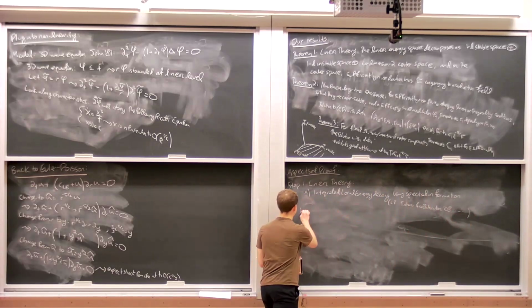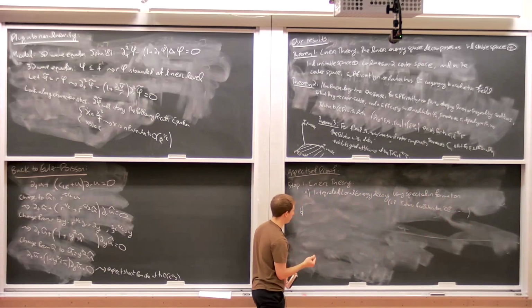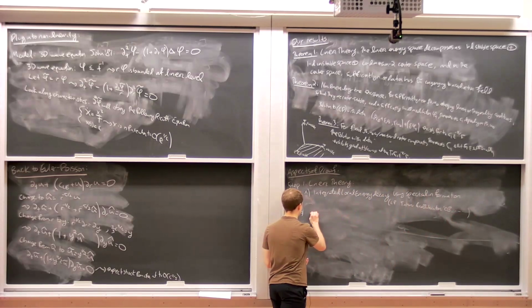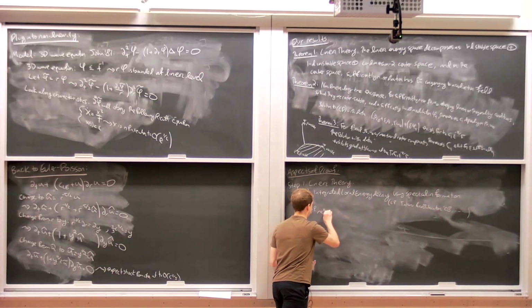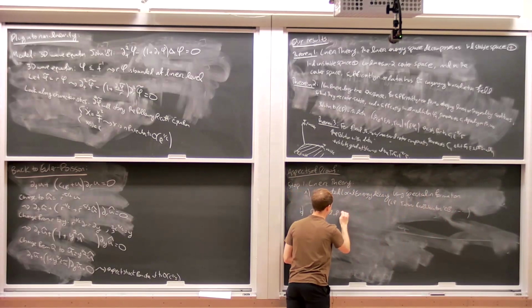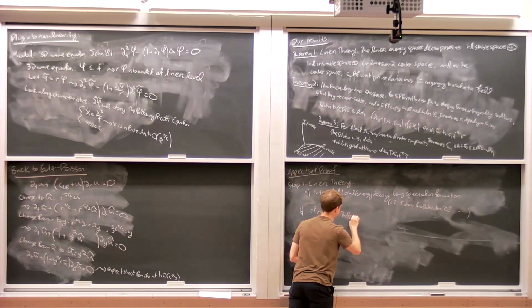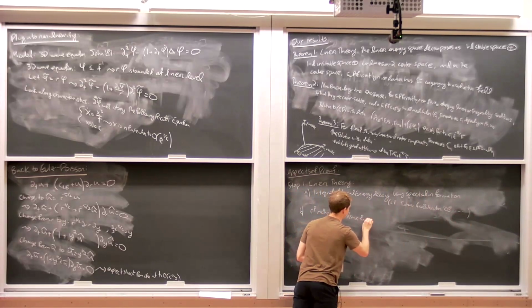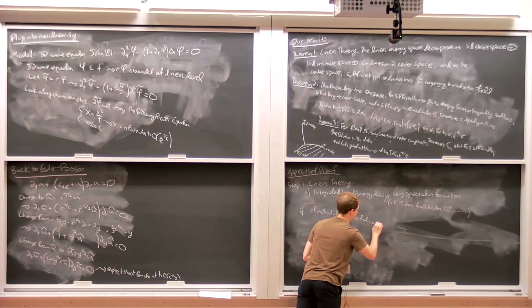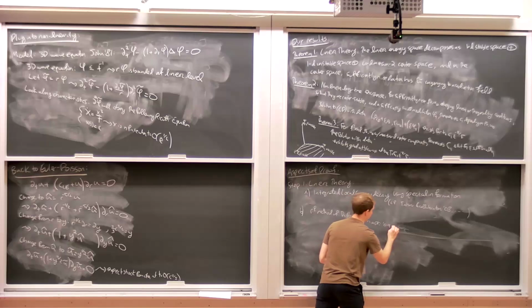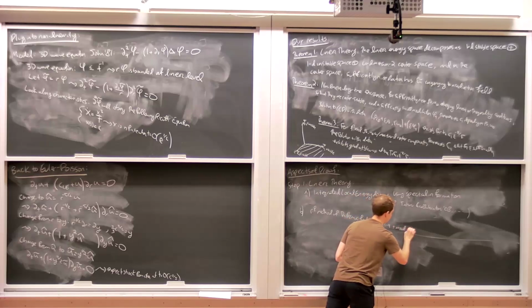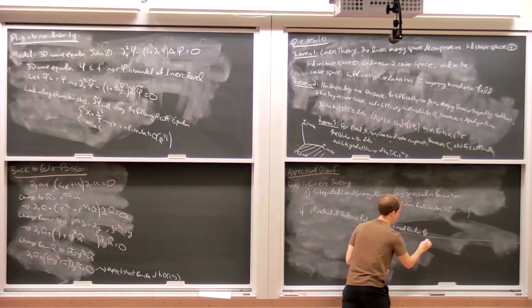Okay, the second thing is then to try to upgrade this to pointwise decay, and for this we use this RP method of Dafermos-Rodnianski. And then there's this modification for inverse square weights.